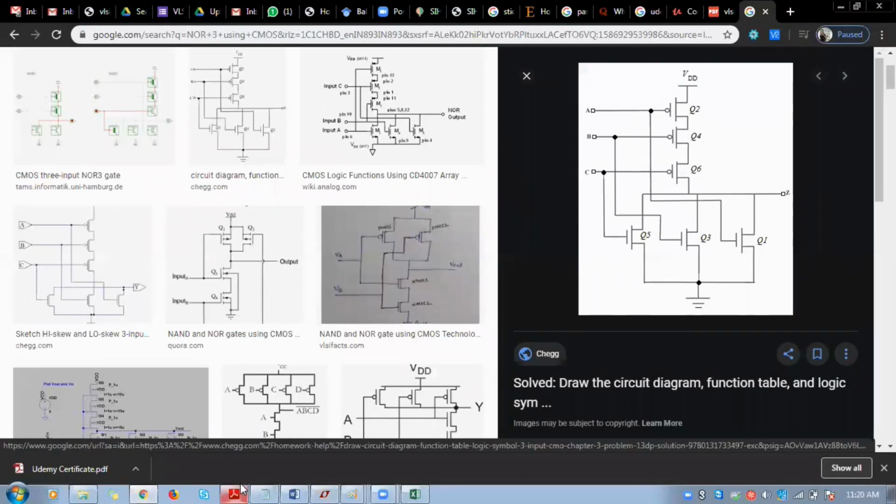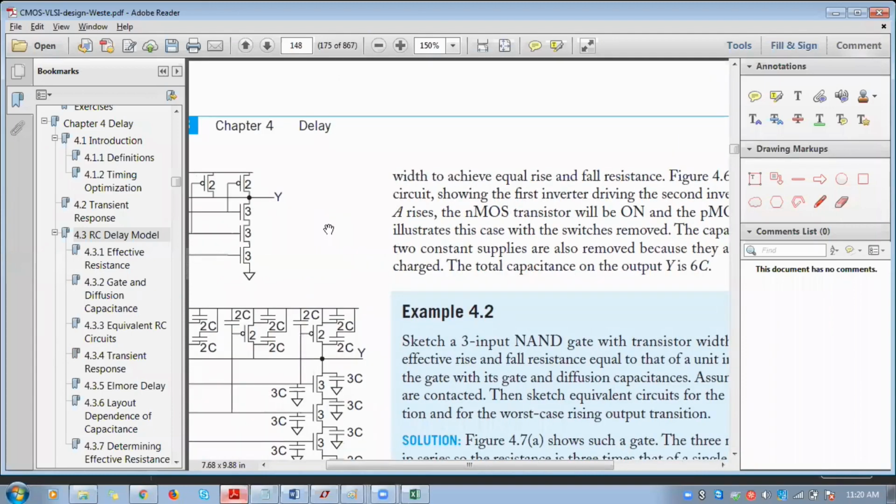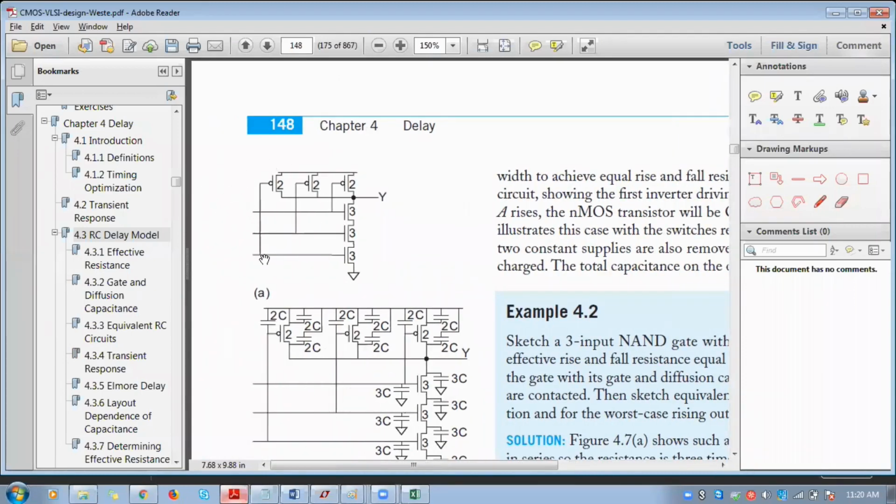If you see this example of NAND3, you will be calculating the input capacitance based on any one of the inputs. If you consider the first input, you will have the K value here 3 and here 2.